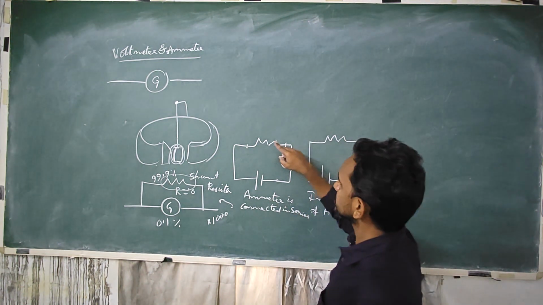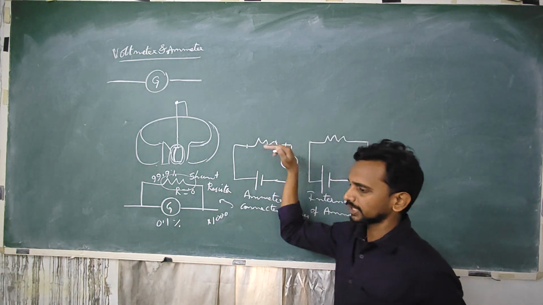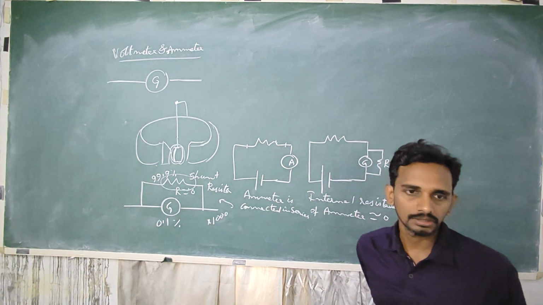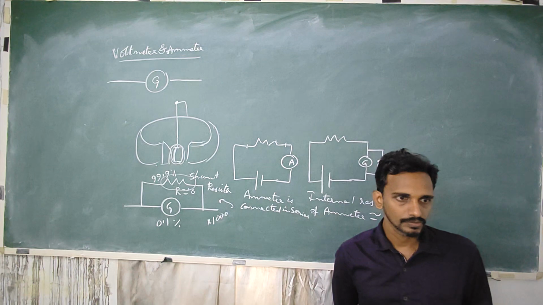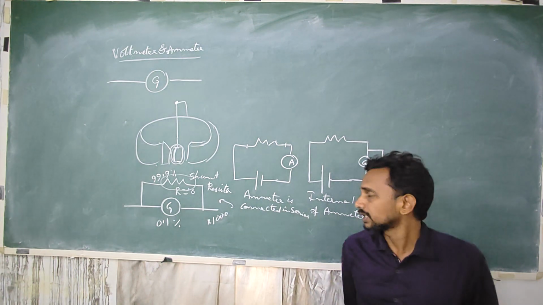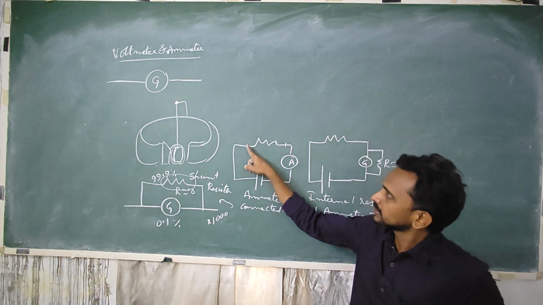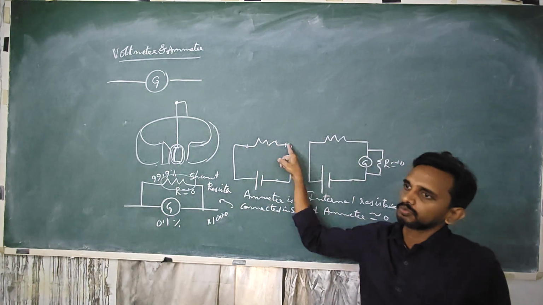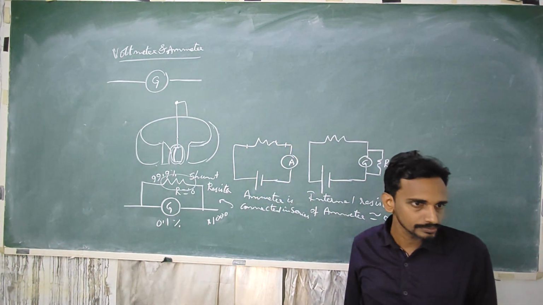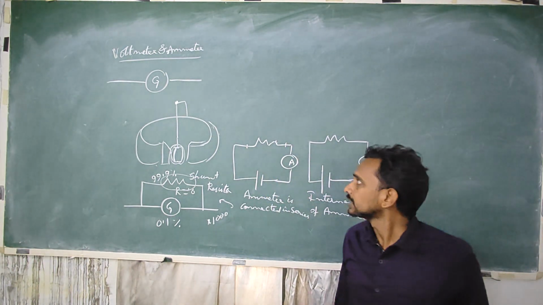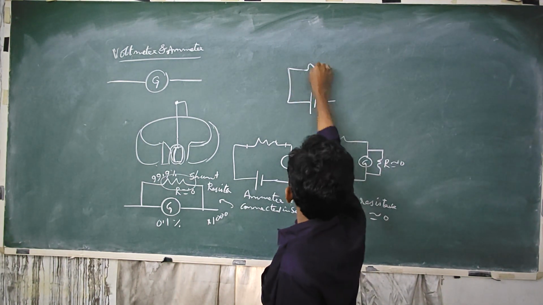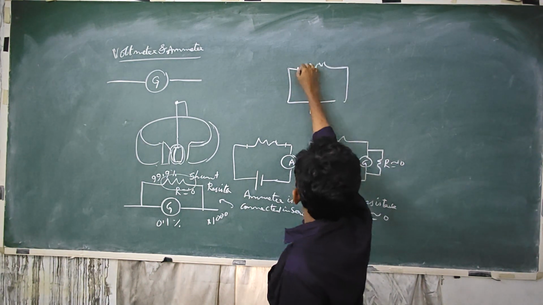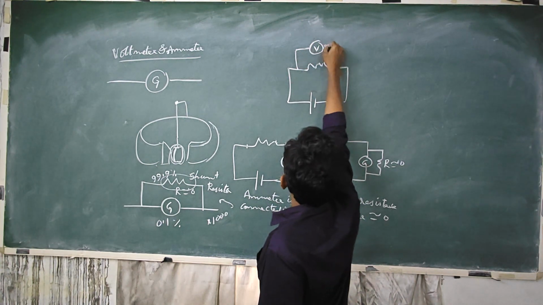The meter you are connecting should not disturb the actual flow of electrons, and the aim of the voltmeter is to measure the potential difference between 2 points in a circuit. So what to do? This should be connected in parallel.